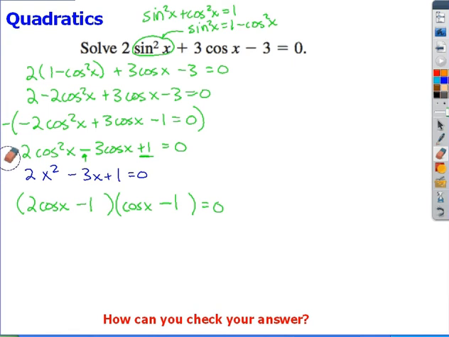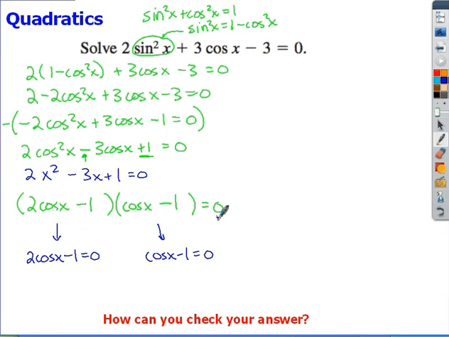And now it comes down to actually solving the equation. So let's go to blue now. We actually have two equations. We have 2 cos x minus 1 equals 0, and we also have cos x minus 1 equals 0. We know that one of these two must be equal to 0 because the result is equal to 0.